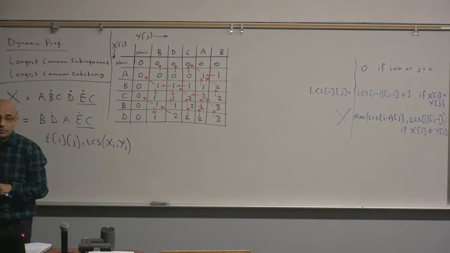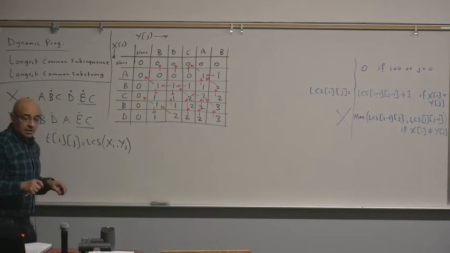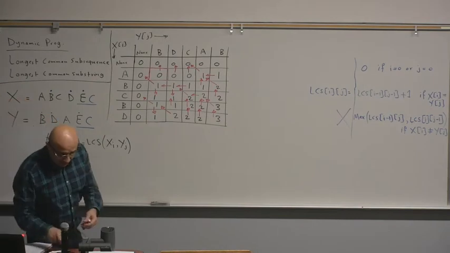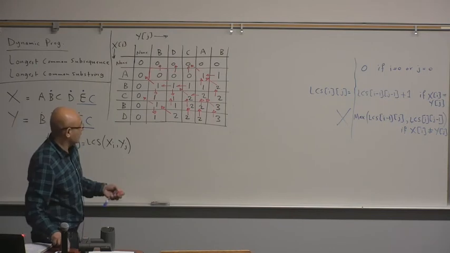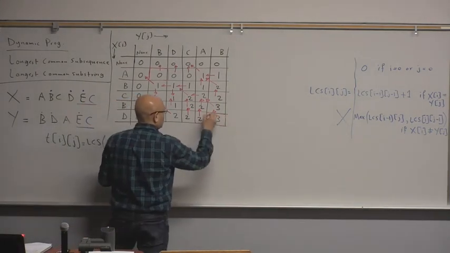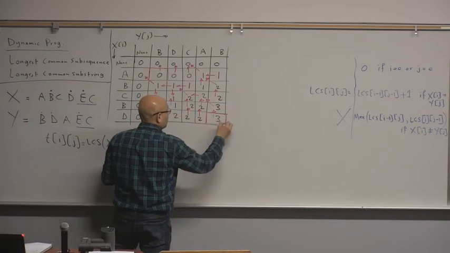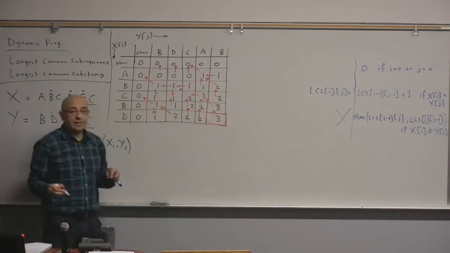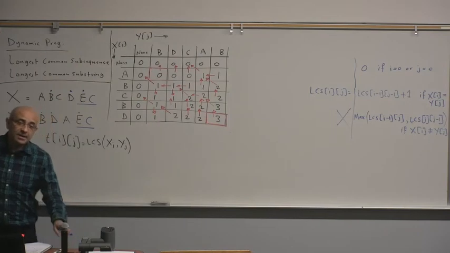Okay, so this is how we fill in the table. So now we know the answer. What's the length of the longest common subsequence? 3. We know that the length of the longest common subsequence is 3. But now, which characters did we take?